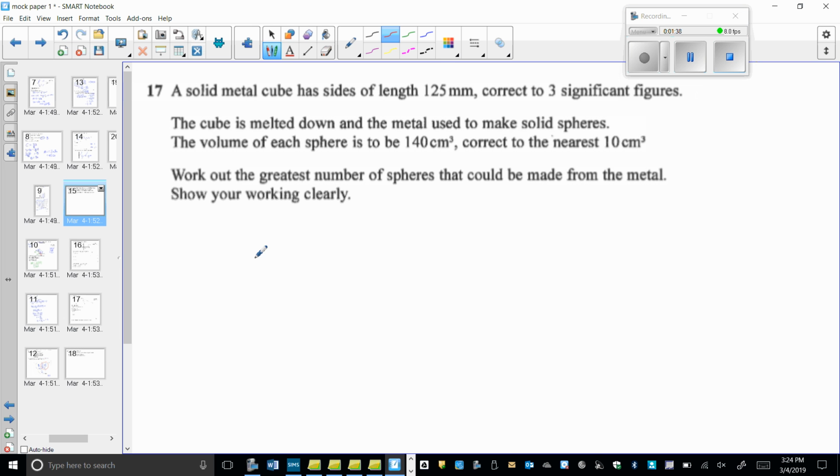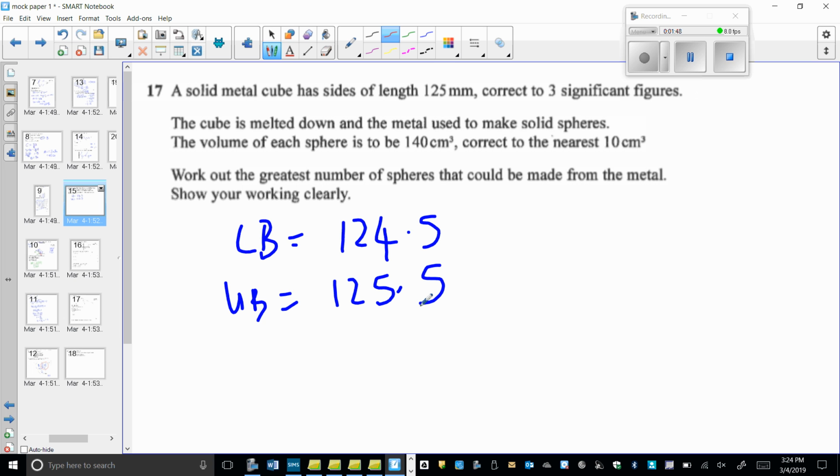So the lower bound would be 124.5 and the upper bound would be 125.5. If you remember, we say 125 add a 0. So it's 1245, 1255, and then put the decimal point back into where it should go. So that's our lower bound and upper bound.